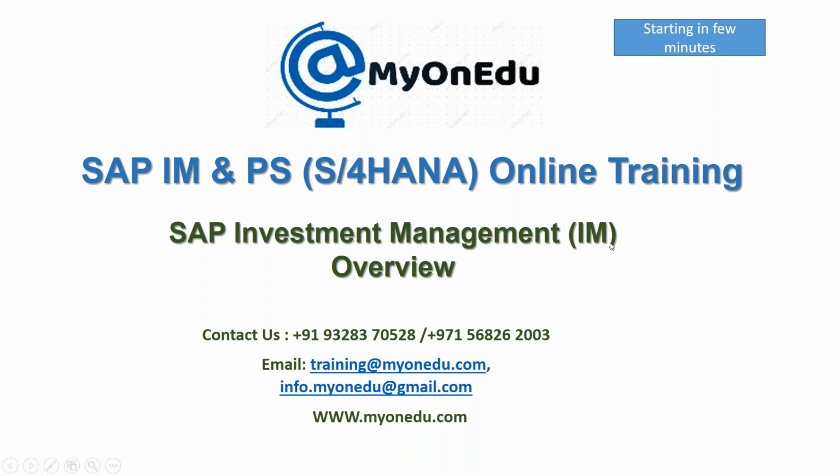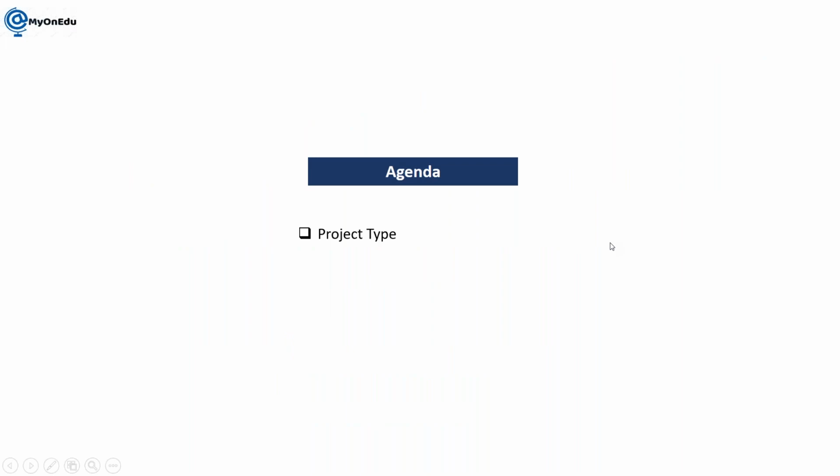So here my agenda is to explain project type and investment project business case. We will take the business case which we discussed in the demo also, so we will go with the same concept. We'll first understand the business process of investment management project, then how we can execute the transaction, and further we'll see the required configuration.